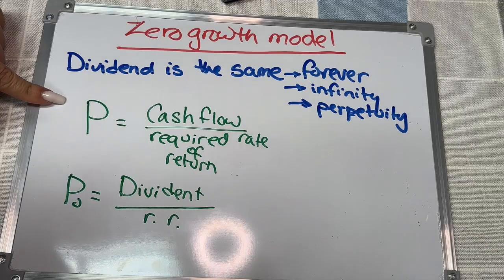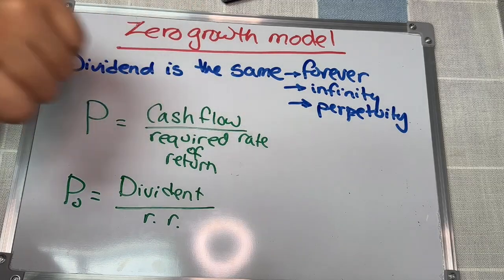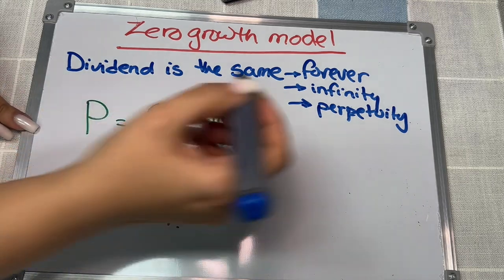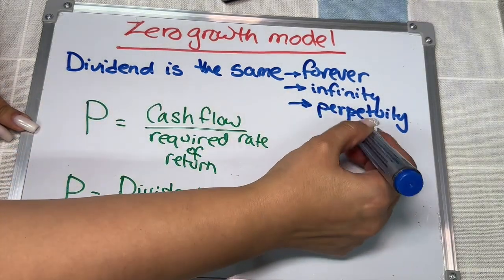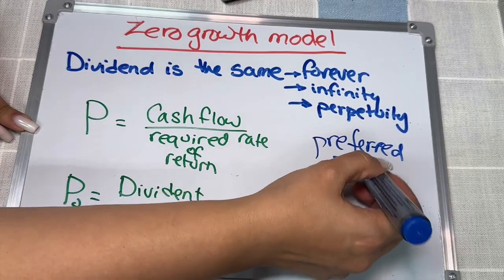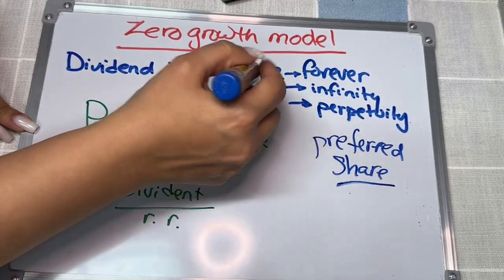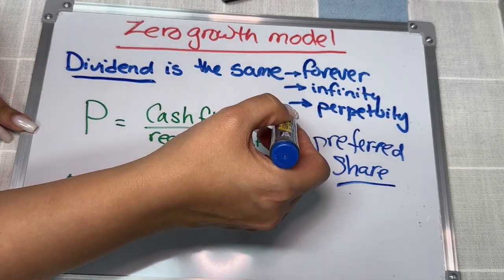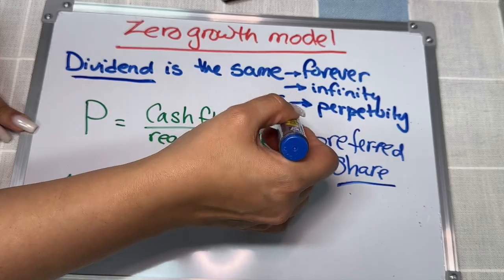Okay, preferred shares are the ones that usually pay a perpetuity. So when we ask you to do a valuation and we say it's a preferred share, okay, you know that preferred shares pay a dividend that is the same forever, and therefore they pay a perpetuity.